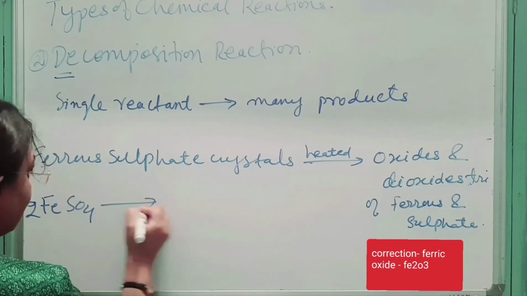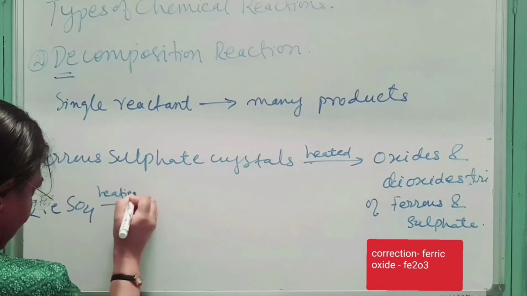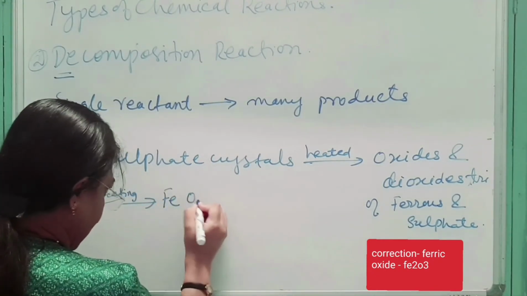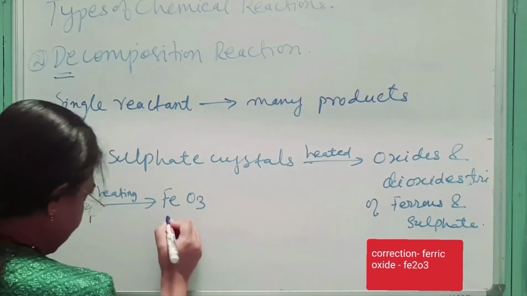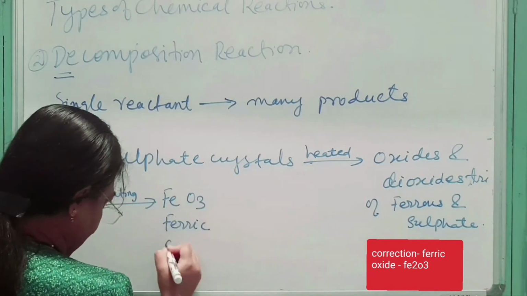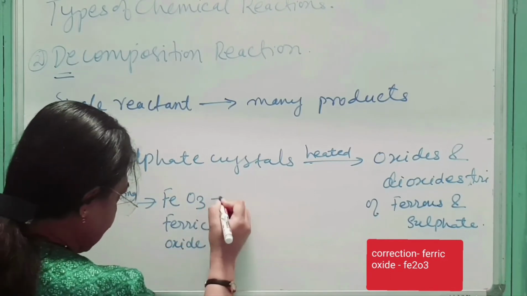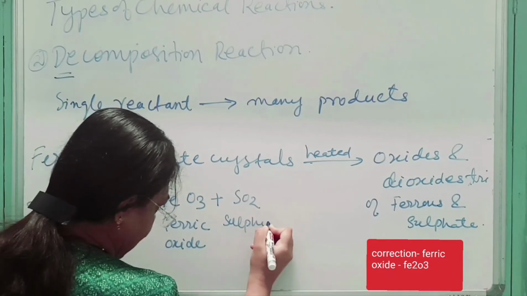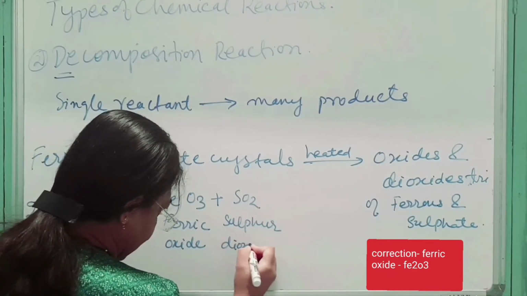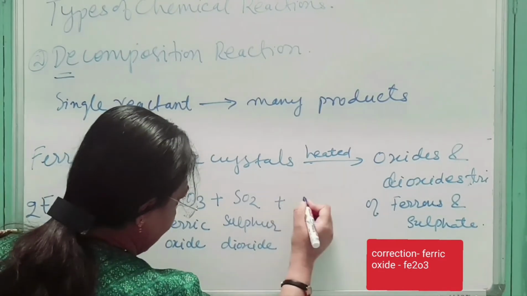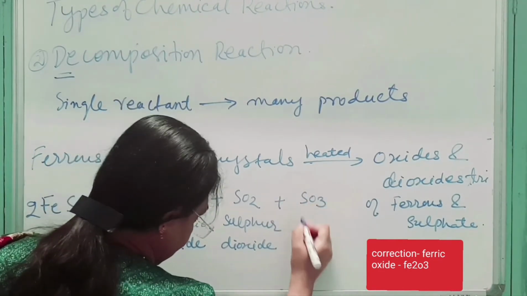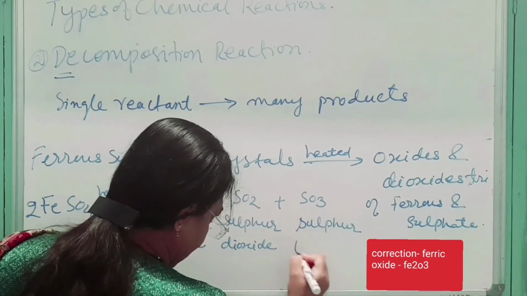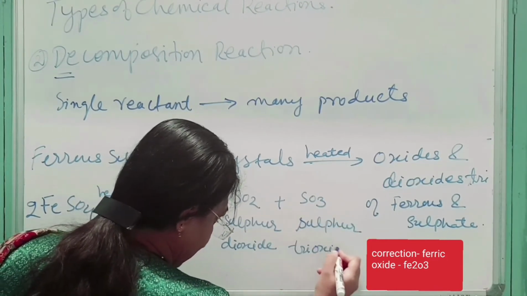You are heating, and it is giving rise to ferric oxide, Fe2O3, plus sulfur dioxide, SO2, then sulfur trioxide, SO3.